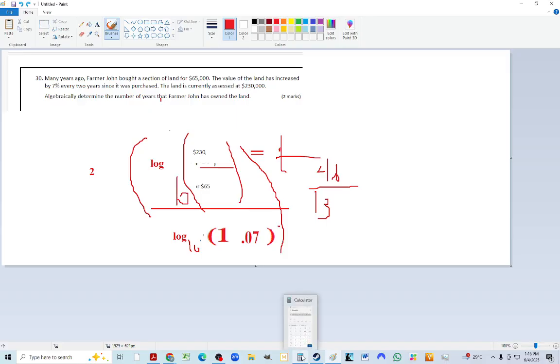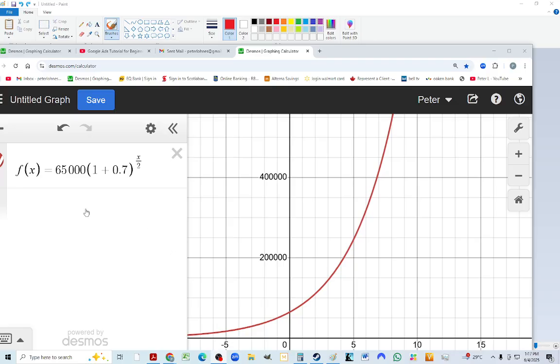And you can confirm this in Desmos or whatever, that you got the right answer. When you get the graph, you want to confirm that you did the correct formula, and the money should have gone up 7% after 2 years. 1.07. Let's see. Oh, I forgot a 0 here.